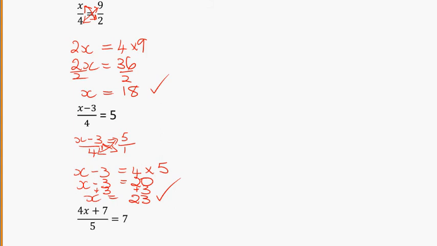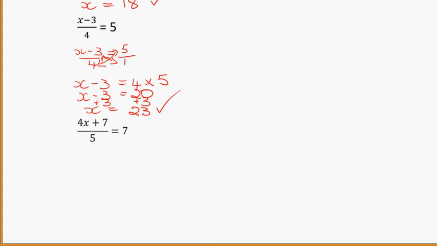And see if you can do the last one. Keep the same rule. Write your 7 as 7 over 1. 4x plus 7 over 5 equals 7 over 1. I'm just going to rewrite it like that. Fraction on both sides of the equal sign, so cross multiply. 4x plus 7 times 1 is just 4x plus 7 equals, cross multiply, 5 7s are 35.